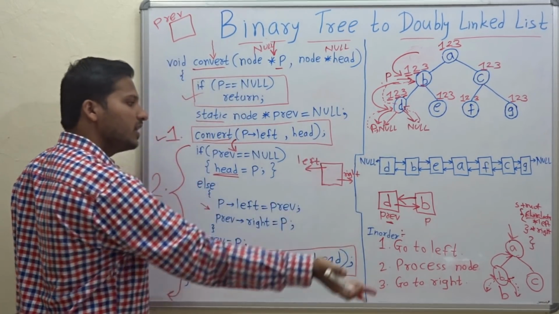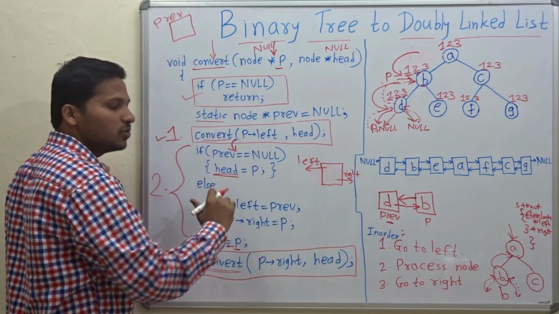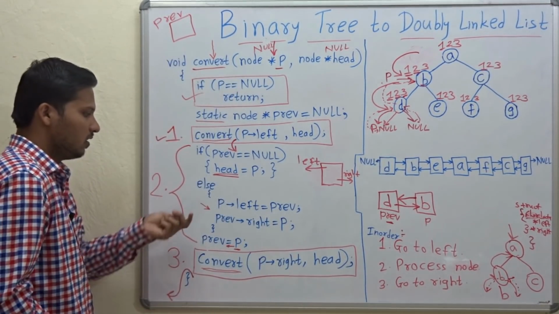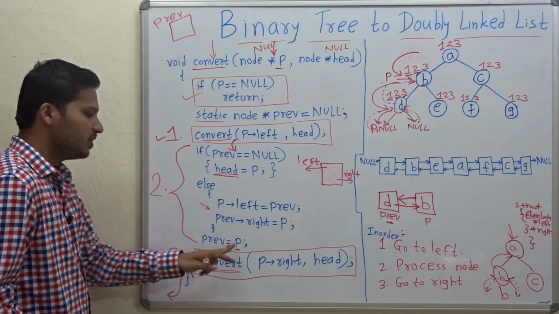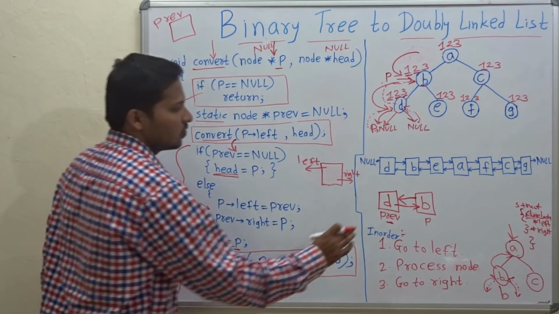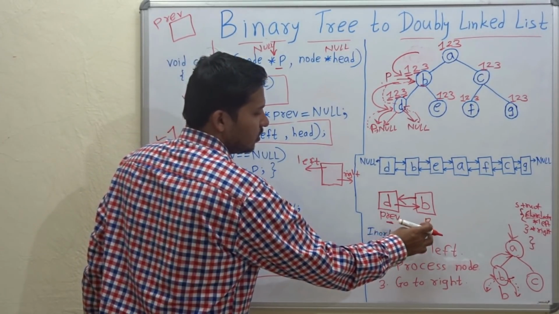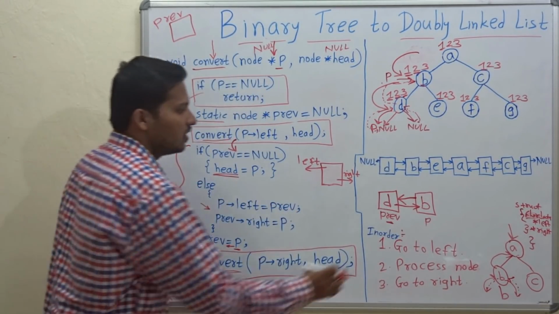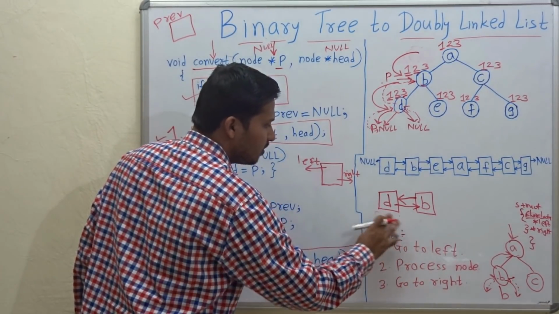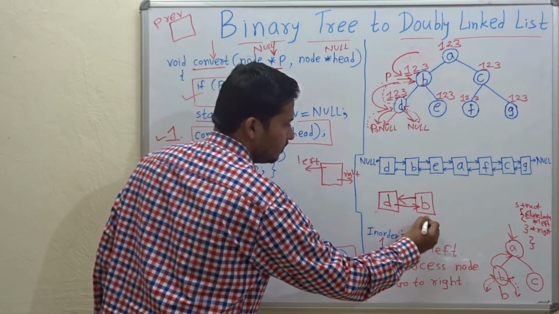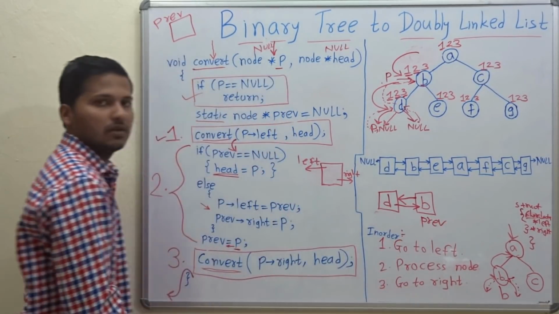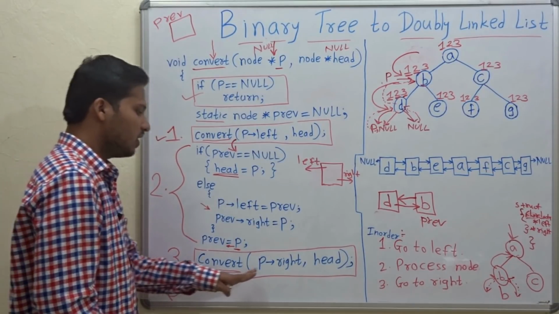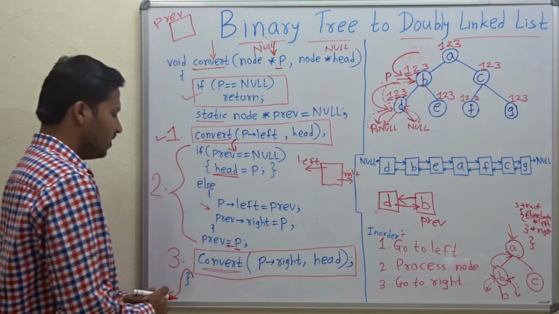The right pointer points to the next node and the left pointer points to the previous node. That is as easy as that. Now as we are finished with these steps, previous equal to p. So now the current node is this node and we are going to finish the processing for that node. So now the current node will become the previous node. Okay. So now the third step is convert p points right comma head.